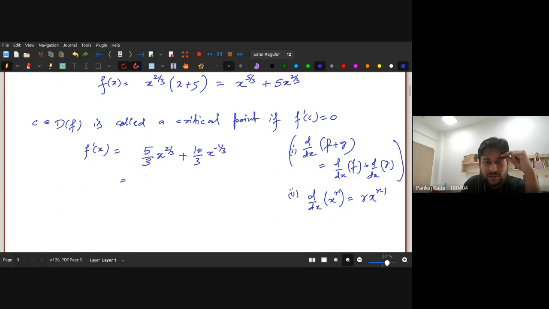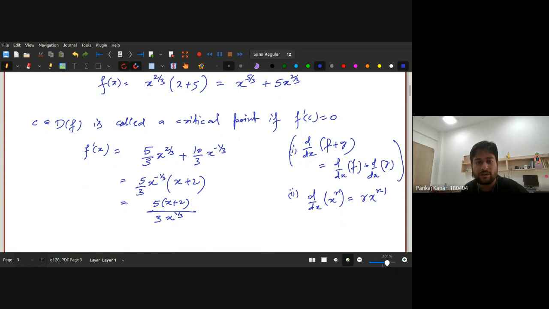Let's take 5 by 3 common, and we can also take x to the power 1/3 outside. What are we left with? We are left with x plus 2. If you multiply, you get this. Or you can write it as 5 times x plus 2 divided by 3 times the cube root of x, or x to the power 1/3.